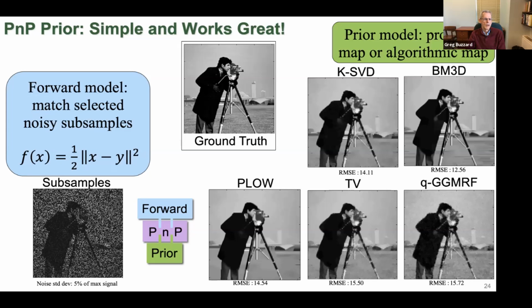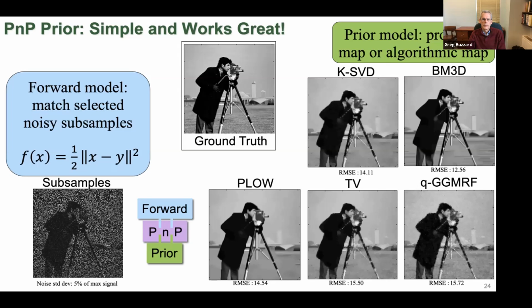We maintain fidelity to the data with our forward model, which is just this least squares fit. And then we can evaluate with different prior models. So we have KSVD, we've got this algorithmic map BM3D, which I've mentioned a number of times. We've got a few others. Some of these are cost function based, some are algorithmic, but you can see that the results depend quite heavily on the prior model.